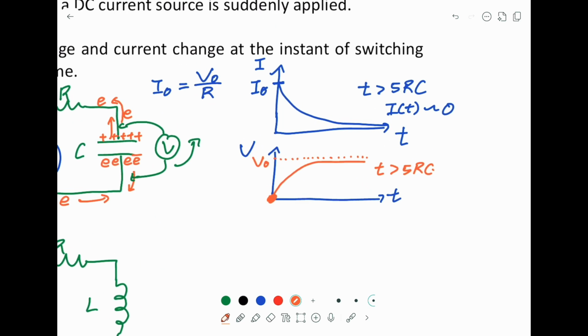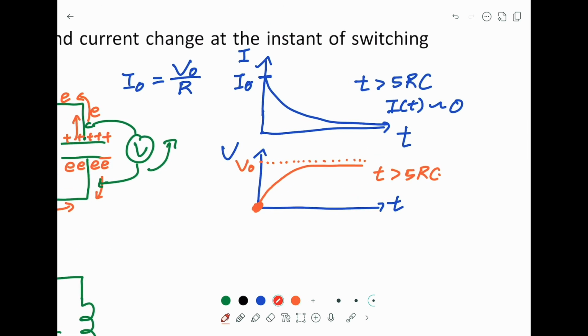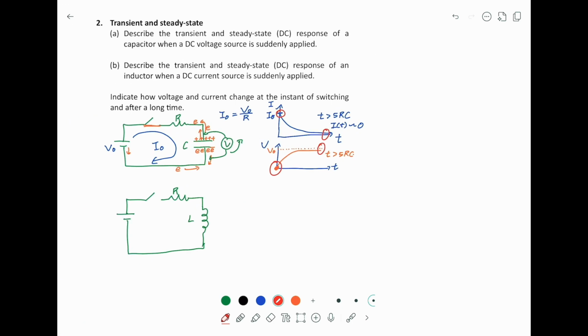So we will say this part and this part is the transient state, and this is the steady state.